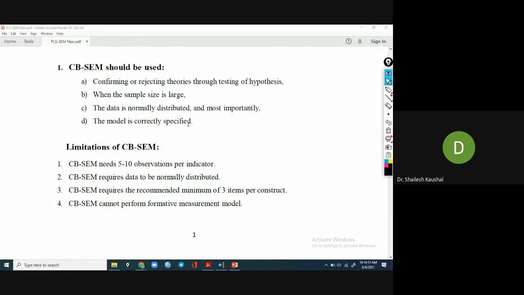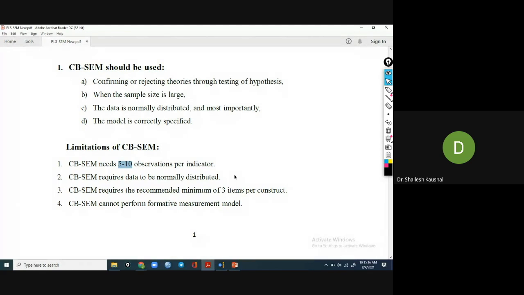Limitations of the CBSEM. CBSEM needs 5 to 10 observations per indicator. If I am taking 17 indicators, then 10 times that sample size is necessary to perform the CB analysis.